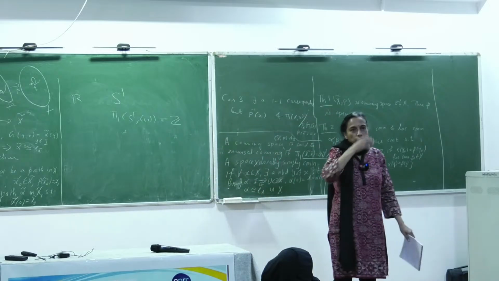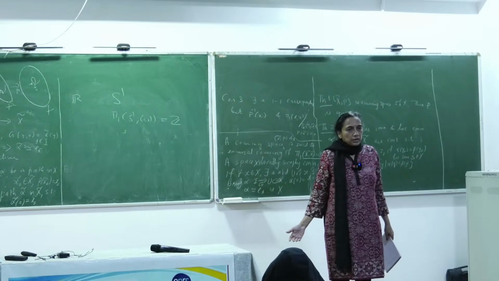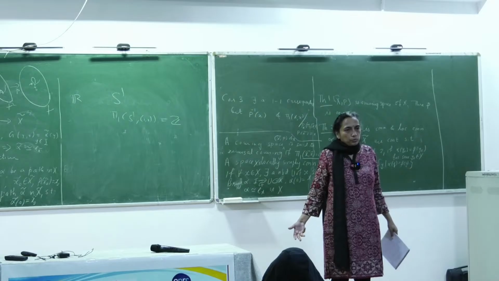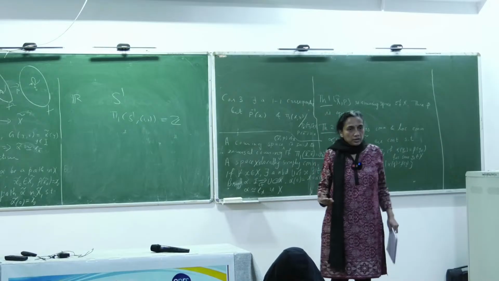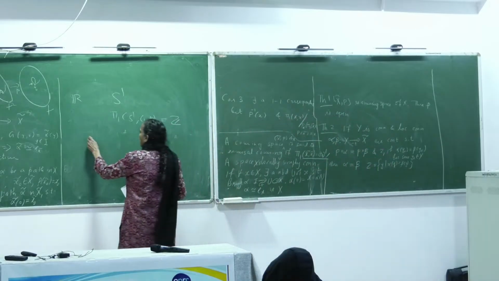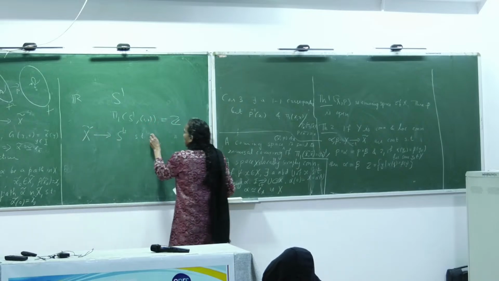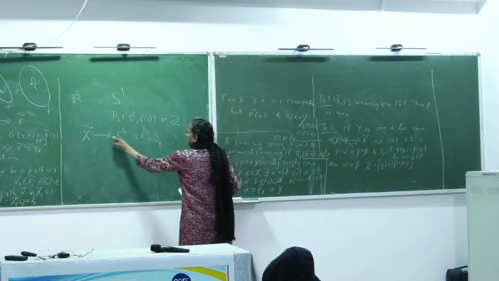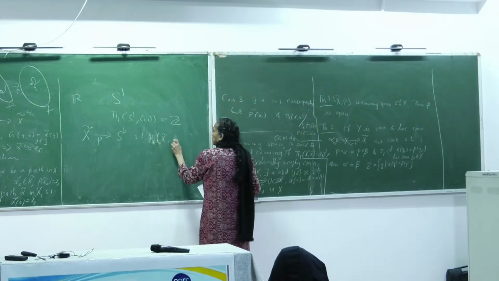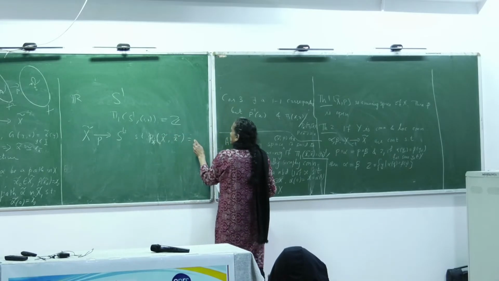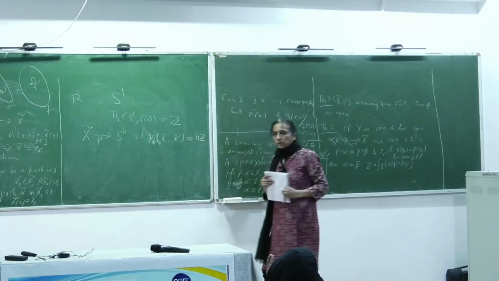Now for NZ, what do you think the covering will be? If NZ is a subgroup, you have to find a covering X tilde of S1 such that P star has image NZ.